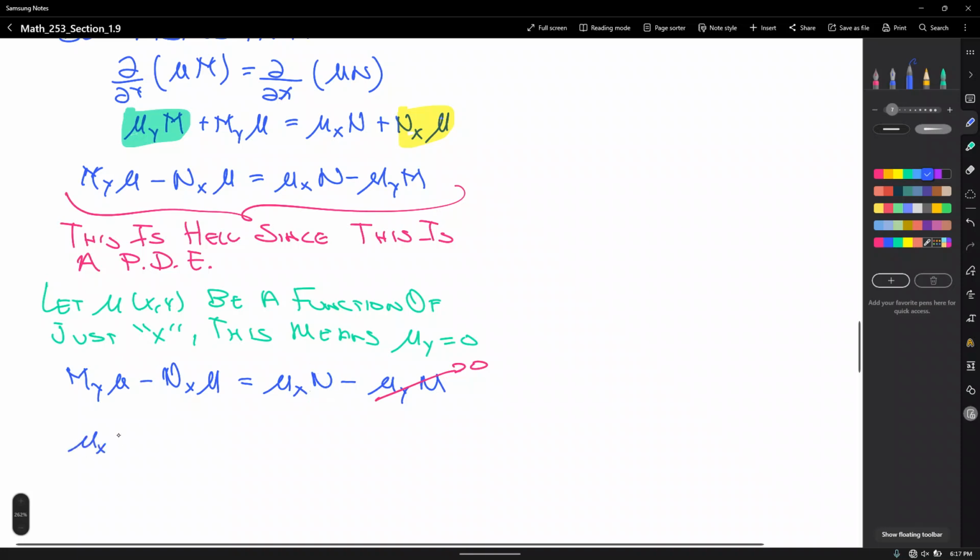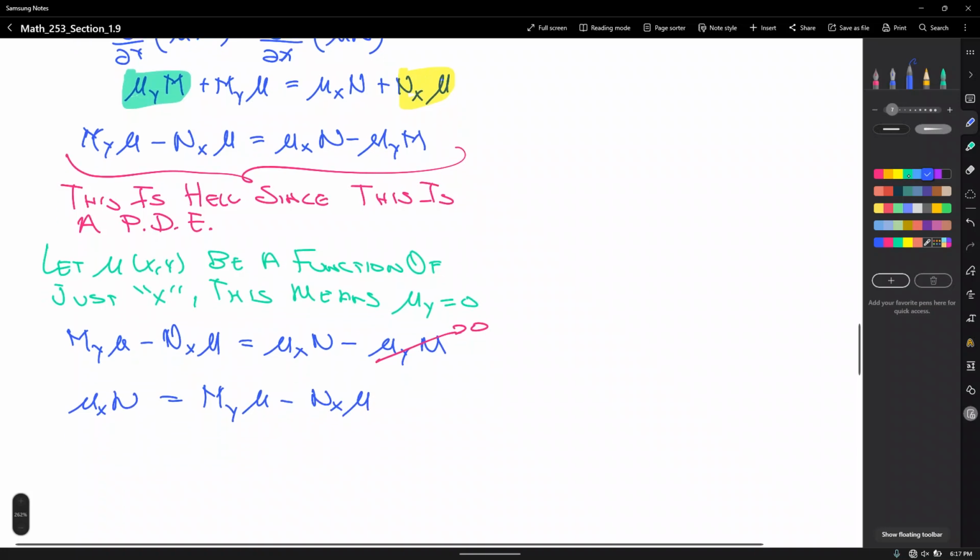Mu of x, and I'm going to write it on the left, and all this, m with respect to y, mu, minus n with respect to x, mu. And I'm going to solve for mu of x, okay, by dividing both sides by n. All right? So, what's that going to be?